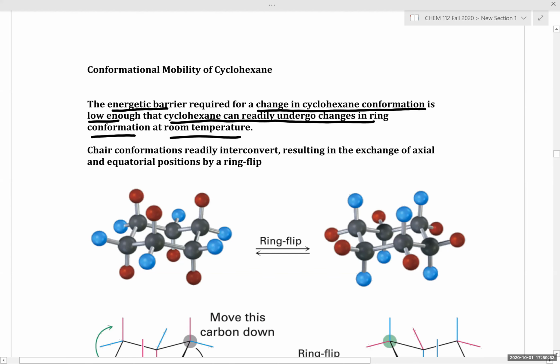The activation barrier is not extremely high, such that the kinetic energy associated at room temperature is enough to allow some of our molecules to interconvert and change conformations. Chair conformations will readily interconvert, resulting in the exchange of axial and equatorial positions via a ring flip. Okay.